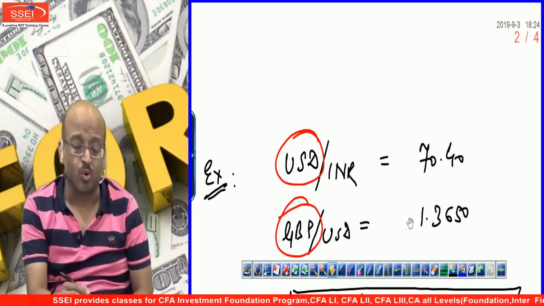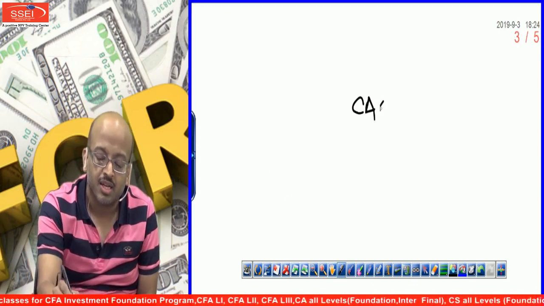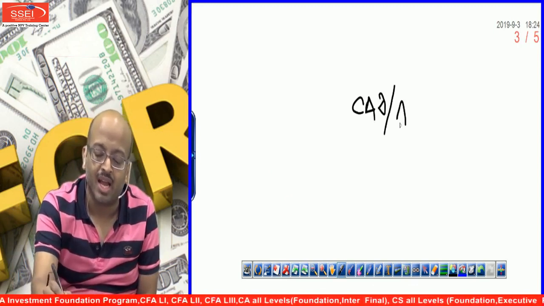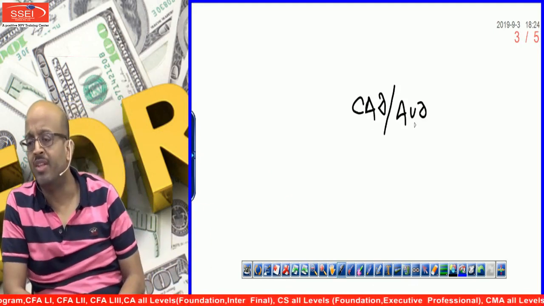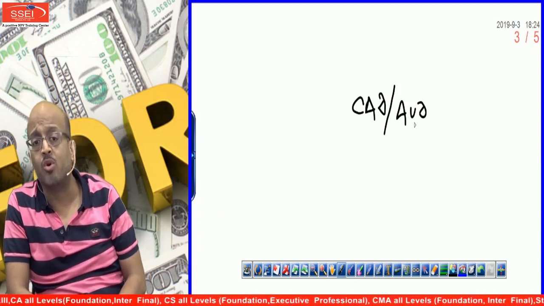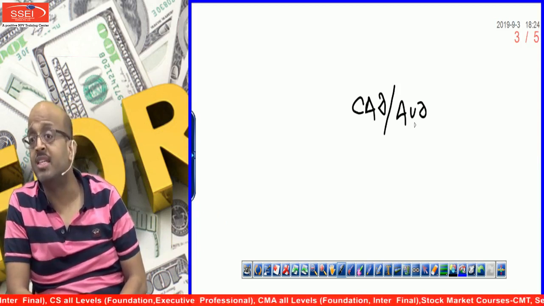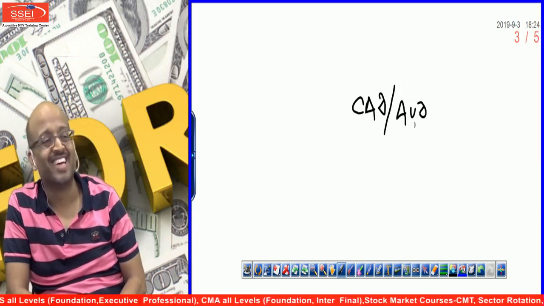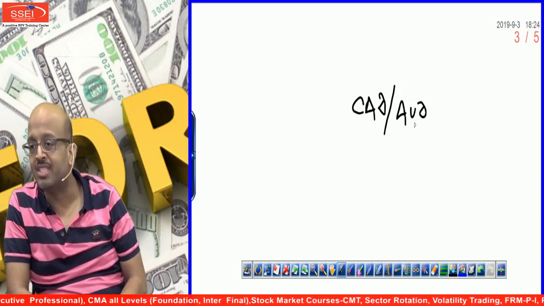But what if the quotation given in the exam is CAD per AUD? I don't know whether the Australian dollar is costlier than the Canadian dollar or the Canadian dollar is costlier than the Australian dollar. If phones were allowed in the exam, we could have Googled, but that is also not an option. So we don't know this.